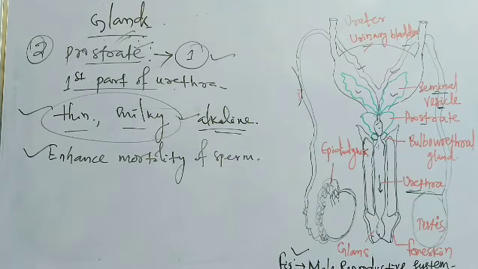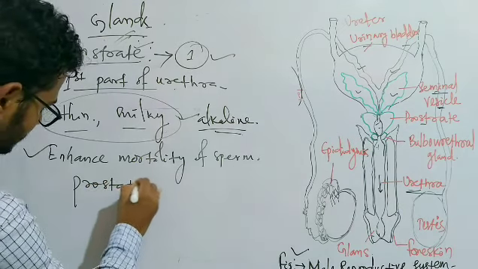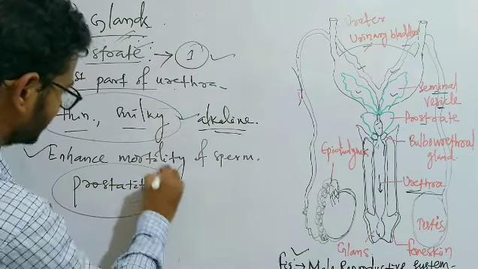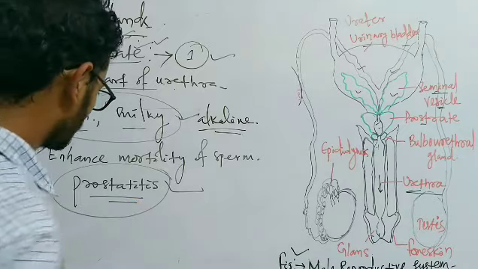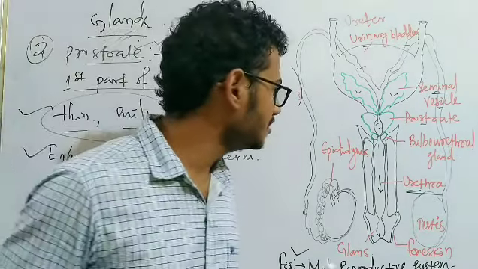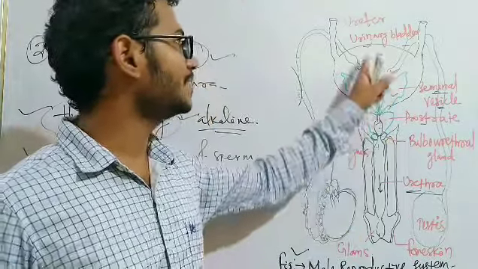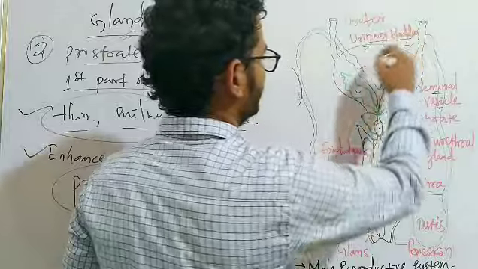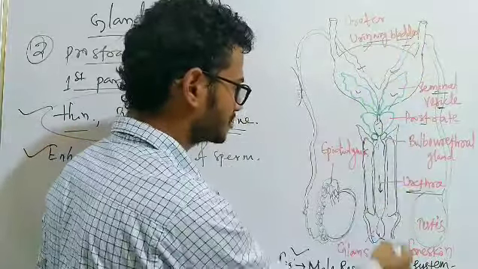The enlargement of the prostate gland causes prostatitis, which makes a blockage here, so that the urine from this spherical urinary bladder cannot come through the urethra to outside.